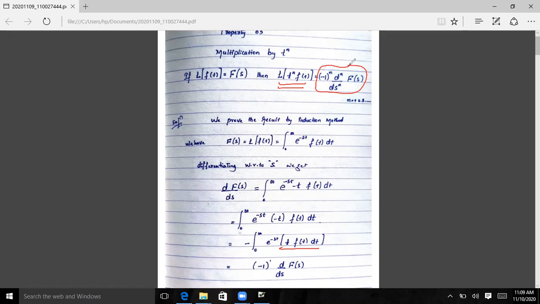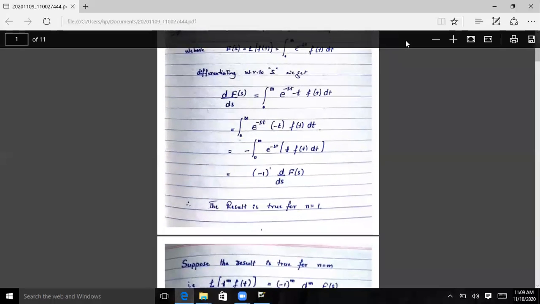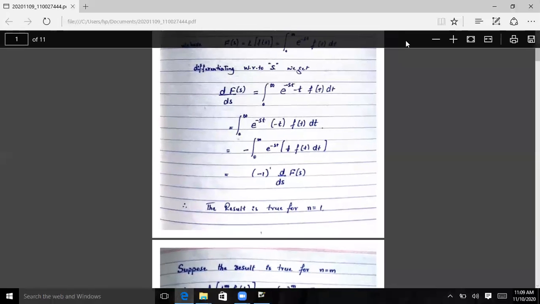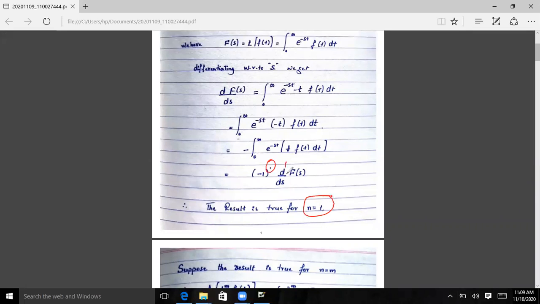Here we have only one differentiation, so we write minus 1 to the power 1 and d by ds of F of s. Hence the result is true for n equal to 1.